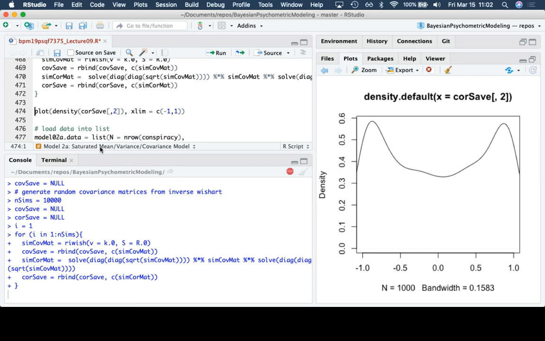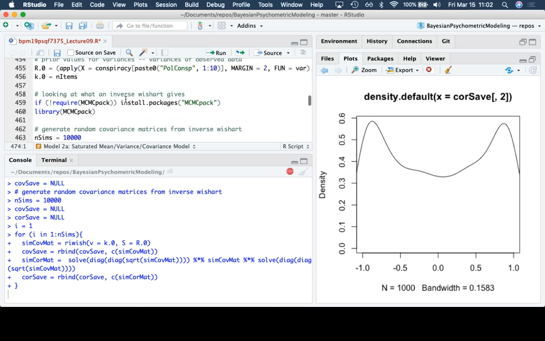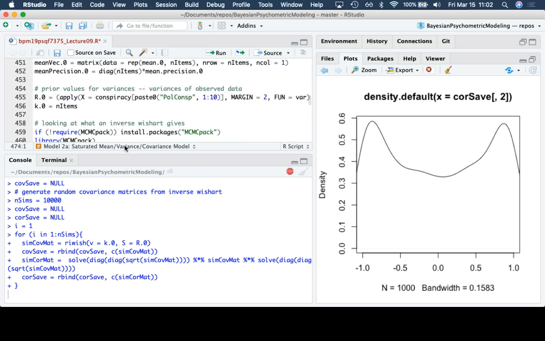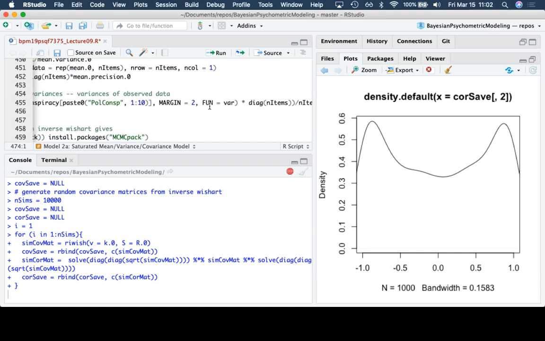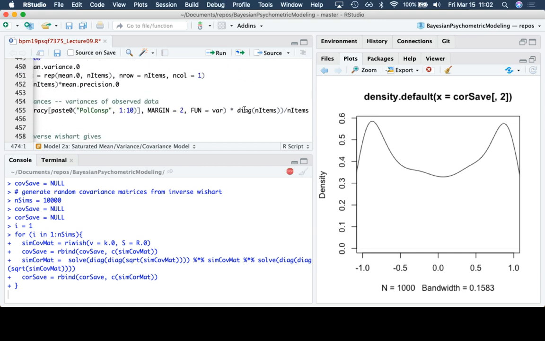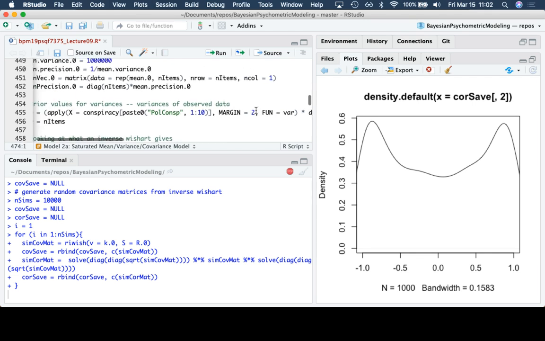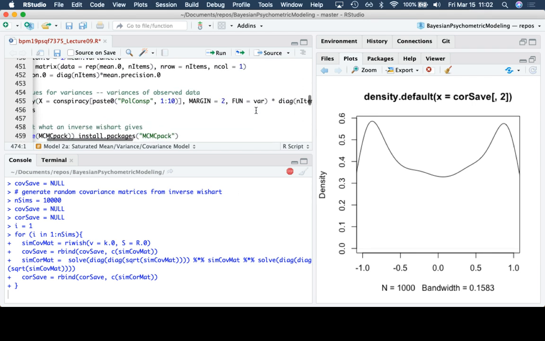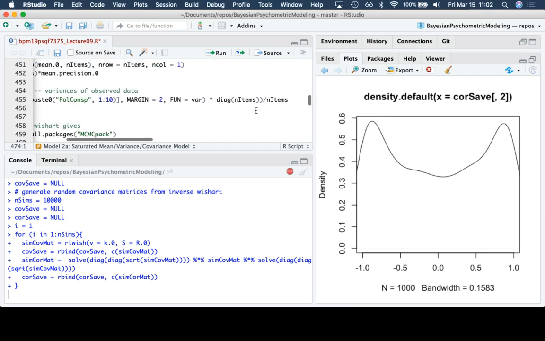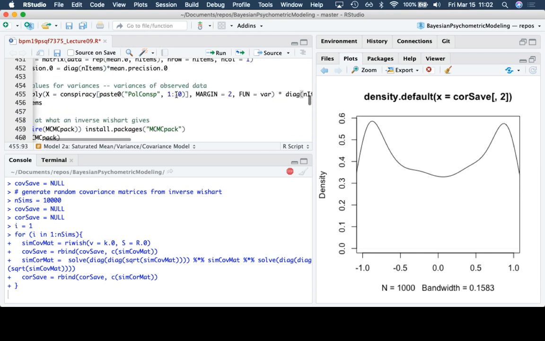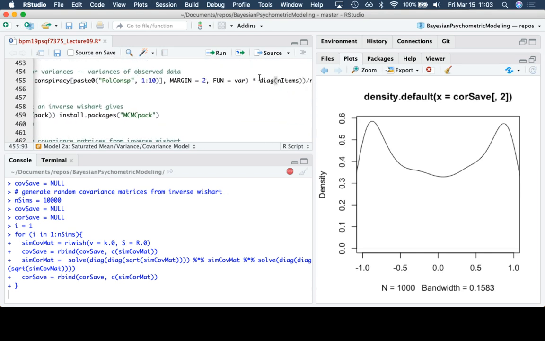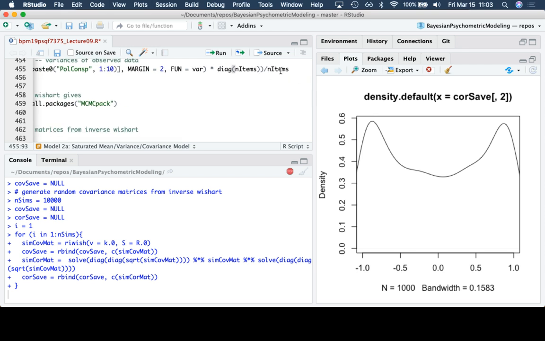Questions on inverse Wishart? So what did you pick when you did your Bayes? I was following, I believe, where I saw it in the book, which was the variance of each item. I grabbed the variance for each item, I multiplied that by the number of items, but then I divided by the number of items.